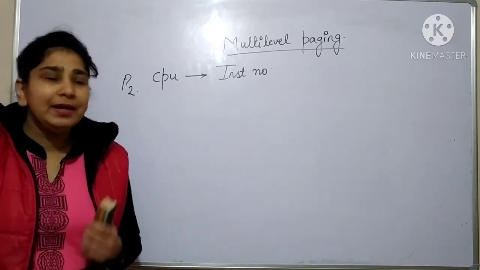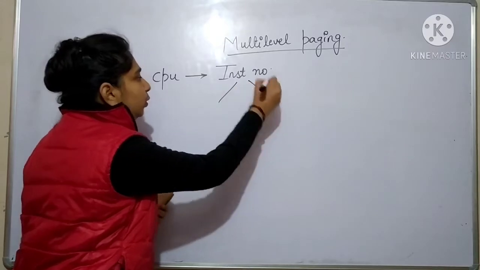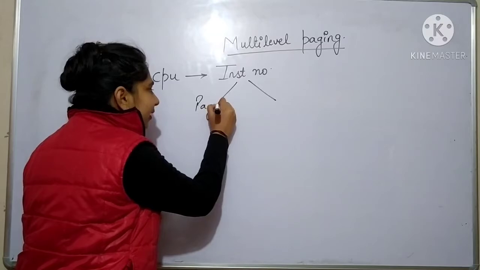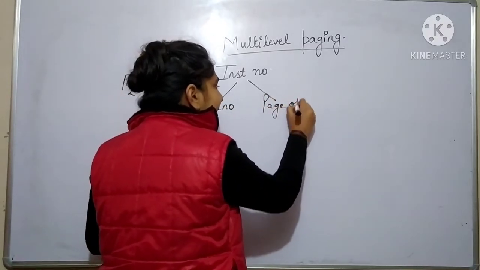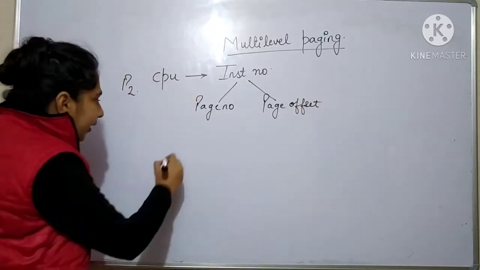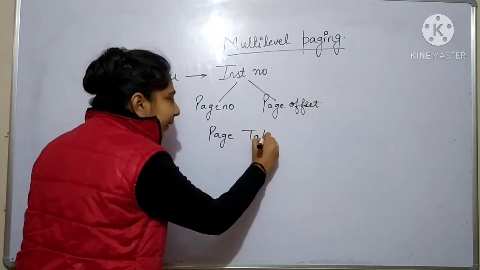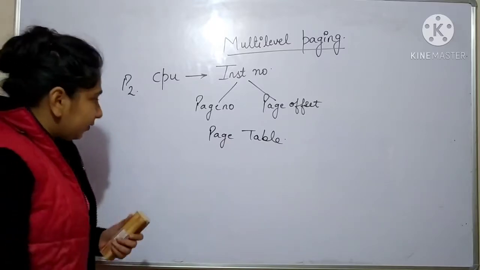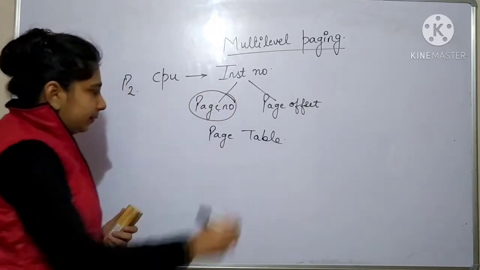We have divided our instruction number into two parts. The first one is the page number and the second one is the page offset. So what will we do? Firstly, we will go to the page table, to the required page number.